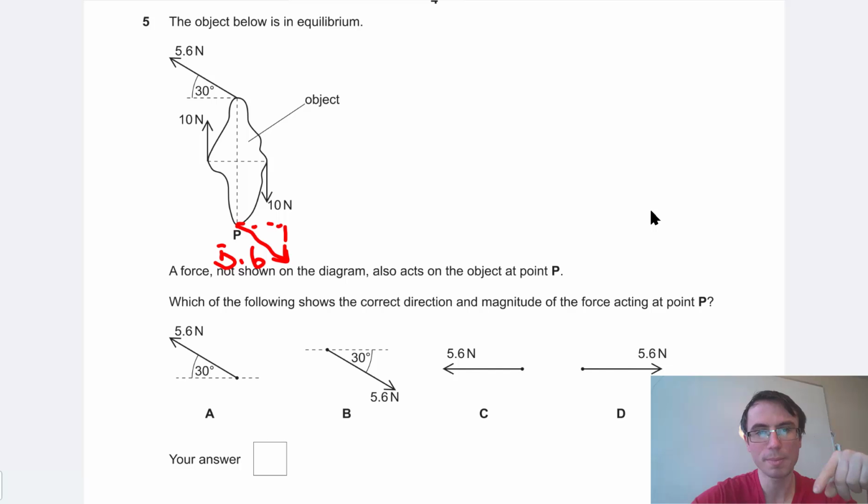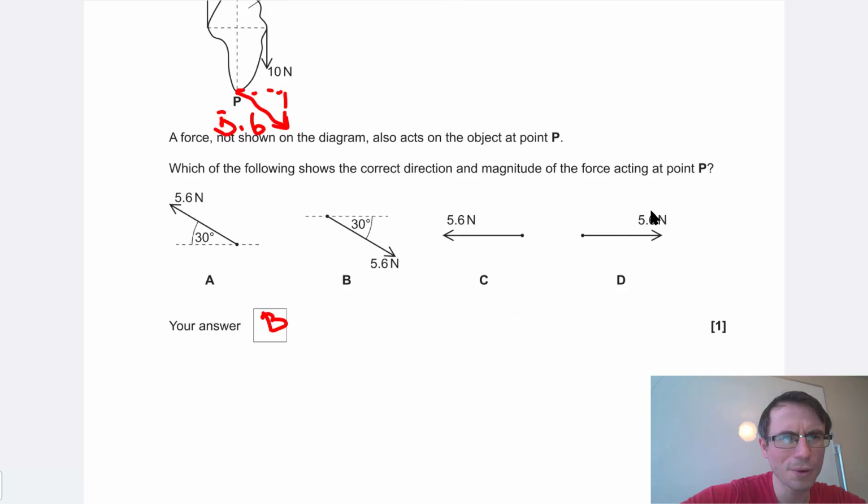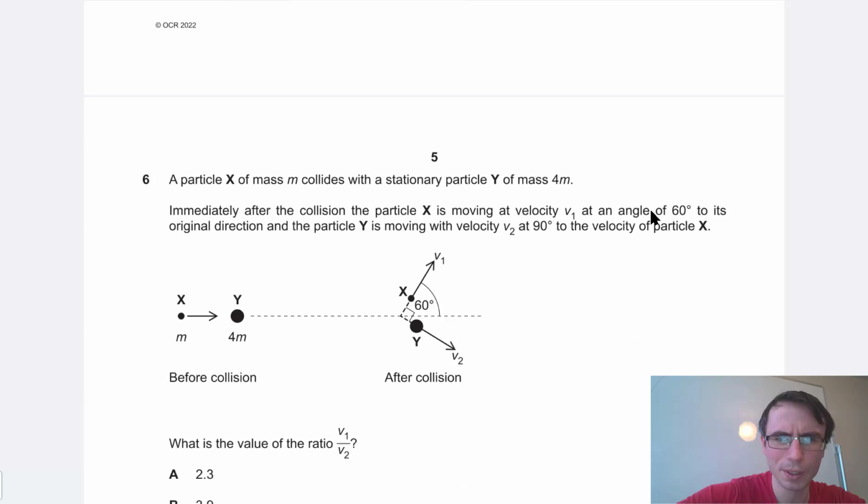This way the moments will be balanced, but also the vertical and horizontal components of the forces will be balanced. So I'm gonna go for B, the correct answer. So far so good with those questions.